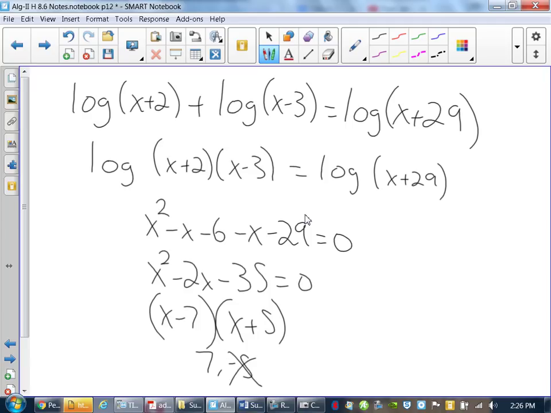Can I take a log of a negative? What's up? If you got an answer like 5, and you threw negative 5 back in there, but it was x plus 10, would you still be able to use that negative?